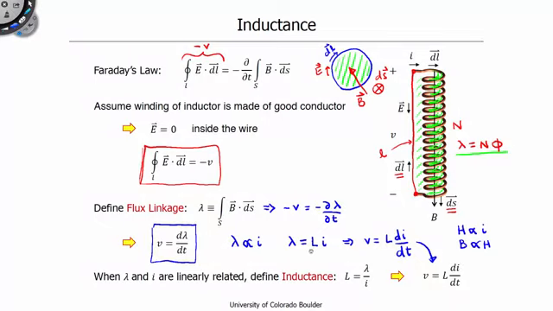Hence, we can say that this constant of proportionality L is really the inductance of our coil. And that's how we're going to define inductance. Inductance will be defined as the ratio of the flux linkage to the current passing through that coil. We can now use this definition to determine the inductance of a number of different structures.